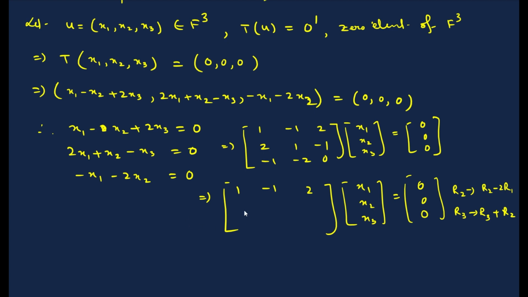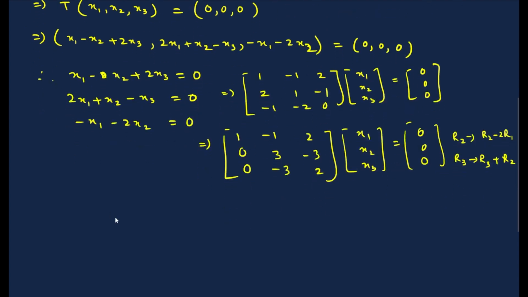So when you do the operation, what will we get? 0, then this minus 2 into this, it will be 3. This minus 3 into this is minus 3. Then if we add, 0, minus 3, and then 2. So that we will get.